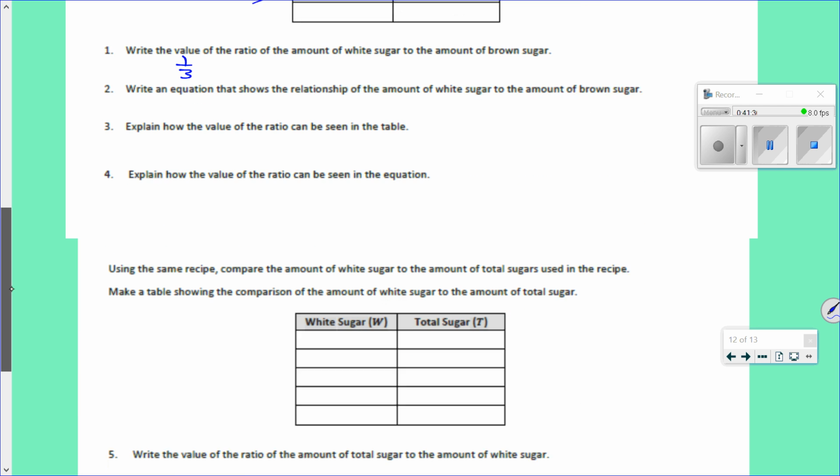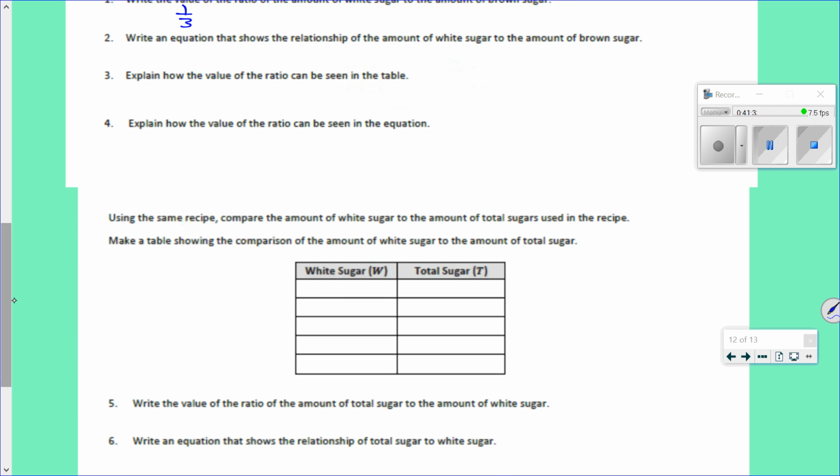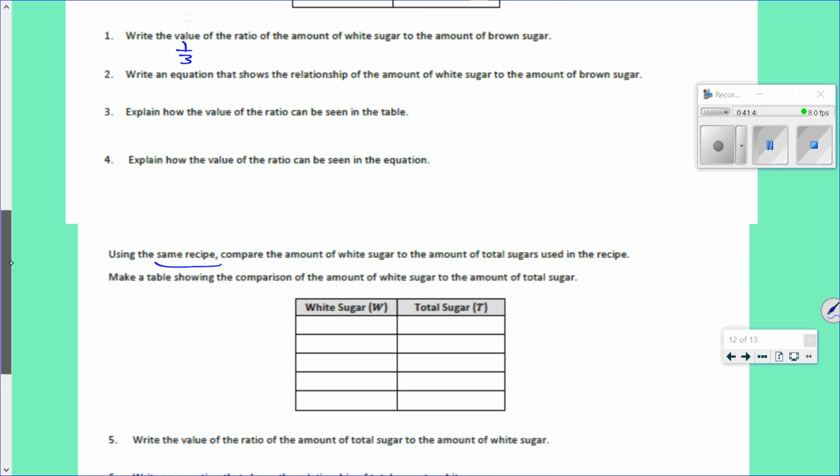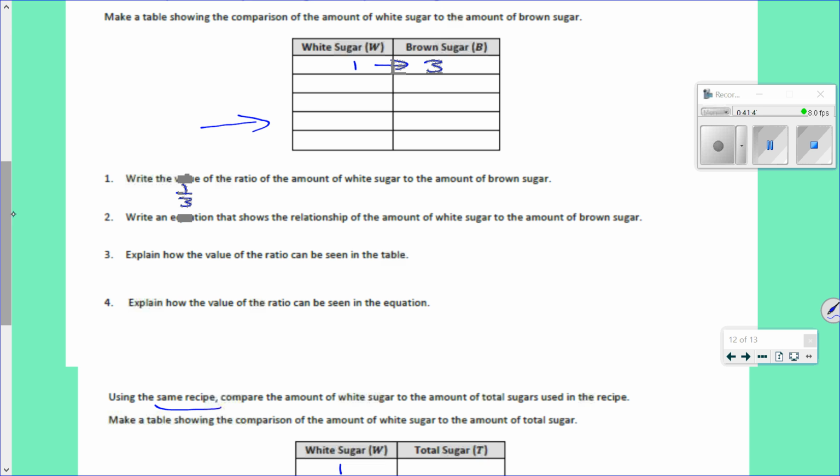The second part of it is now white sugar to total sugar. So it's talking about the same recipe, meaning I can use the values from this table. So if I have 1 and 3, that means that when I have 1 white sugar, I have a total, and I can even add this one out here if you needed to help you get it, of 4.